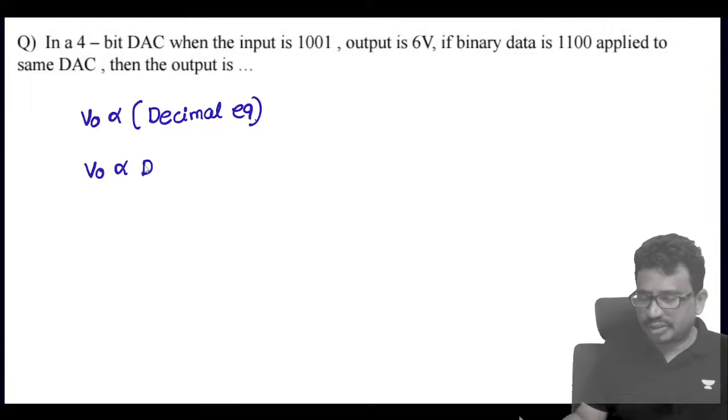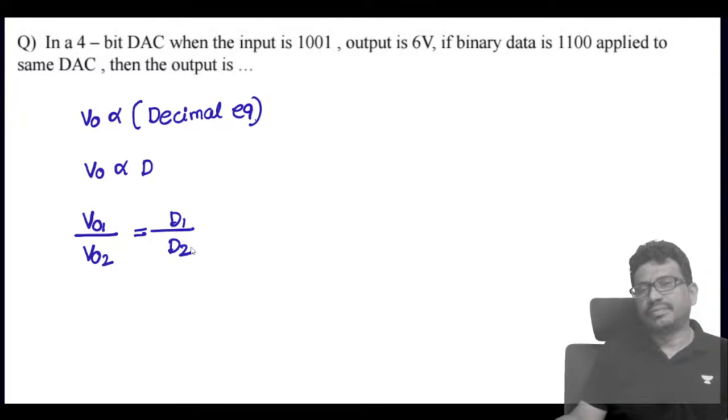So we can write V01 by V02 equal to the decimal equivalent of the first one by the decimal equivalent of the second one.